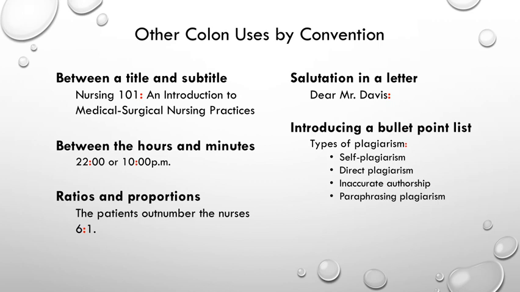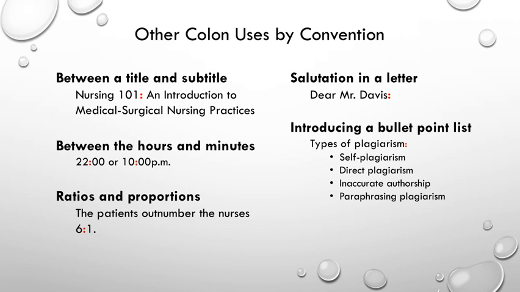And introducing a bullet point list. This is really common for technical writing, not as common in essay writing, and in fact, some instructors do not like seeing bullet point lists in essays, period. So use that with caution.